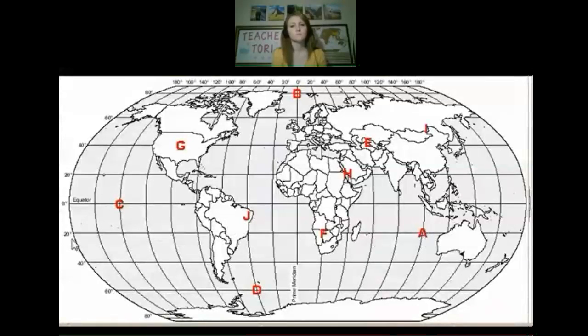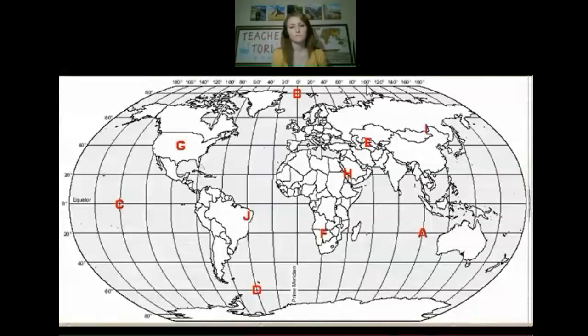So just bear in mind that it's at 20 degrees south latitude, but we also need to find what the longitude is. So for longitude, you need to start again at 0 degrees, and that would be the prime meridian. So in this case, to find where point A is, you can travel along the curved line, and you would find that point A rests at 100 degrees longitude.